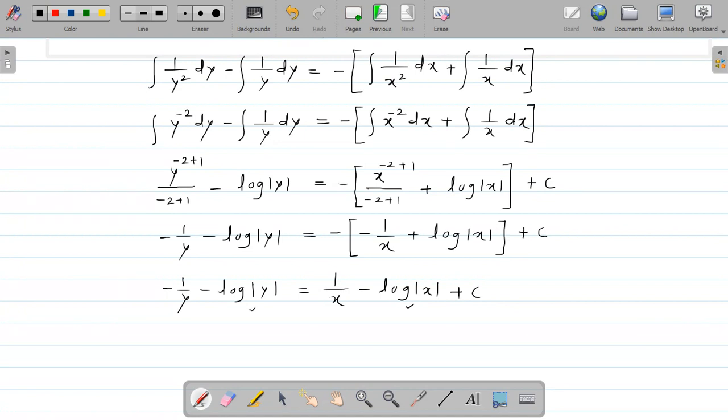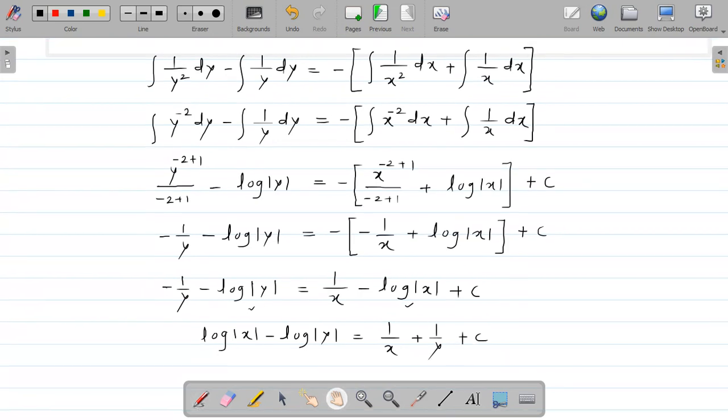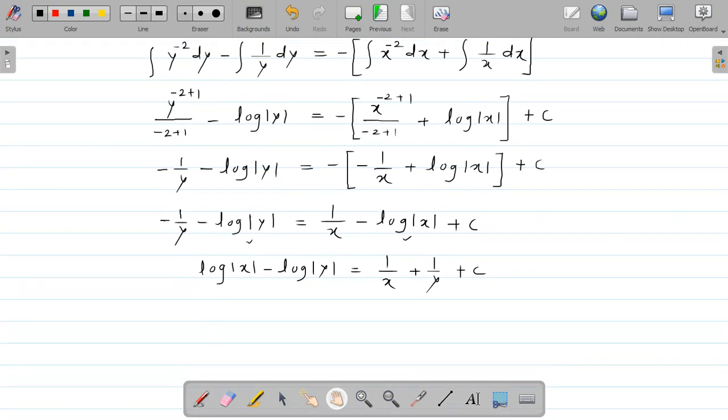So transfer this −log|x| to the left hand side, then what will you get? log|x| − log|y| is equal to 1/x + 1/y plus constant. So this is just a modification, and hence you can write that this is the general solution of the given differential equation.